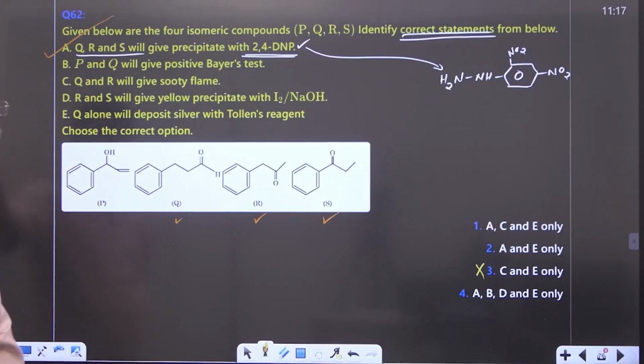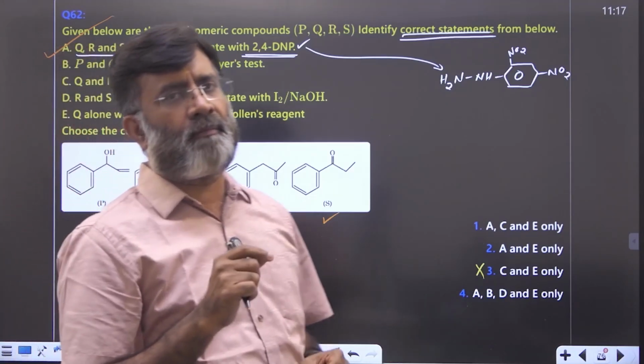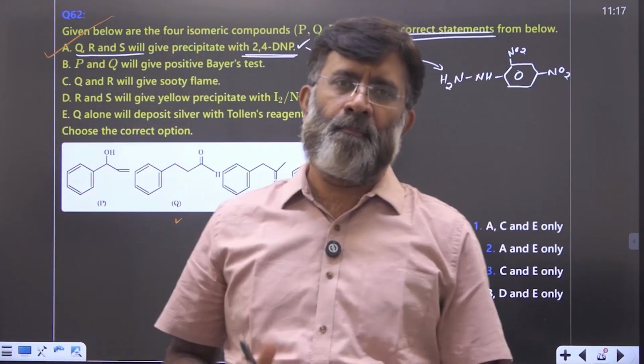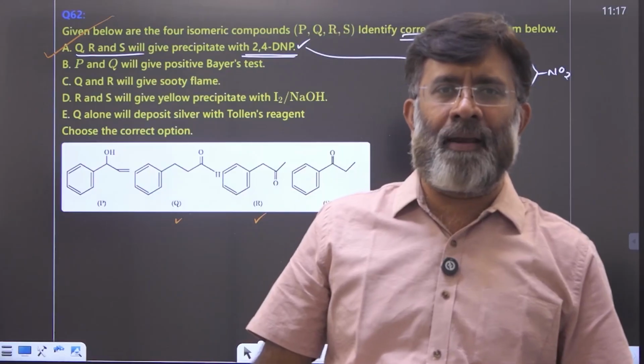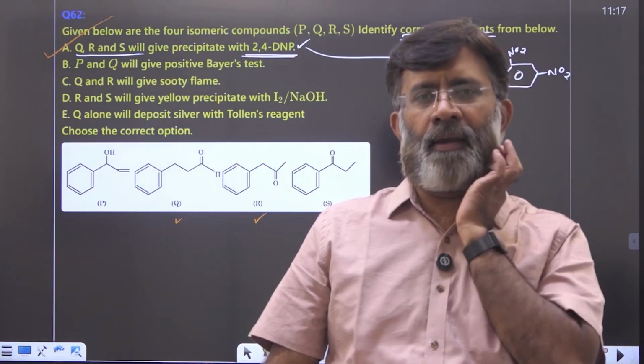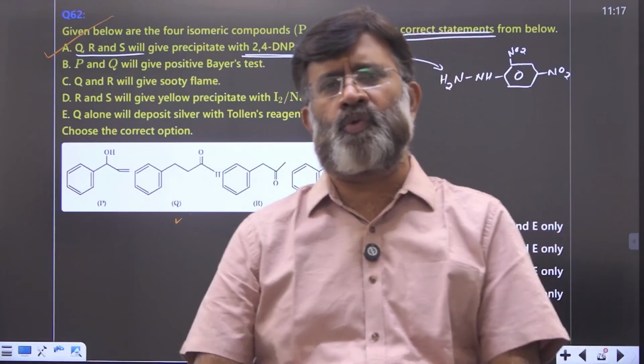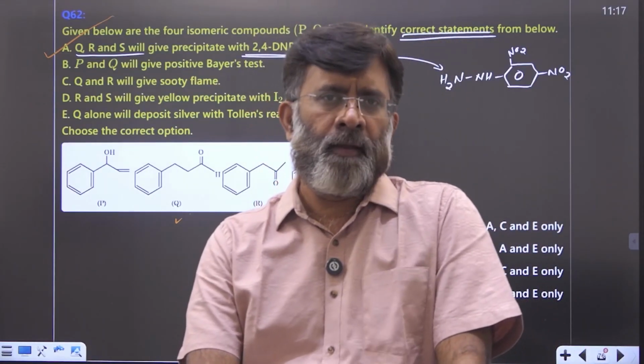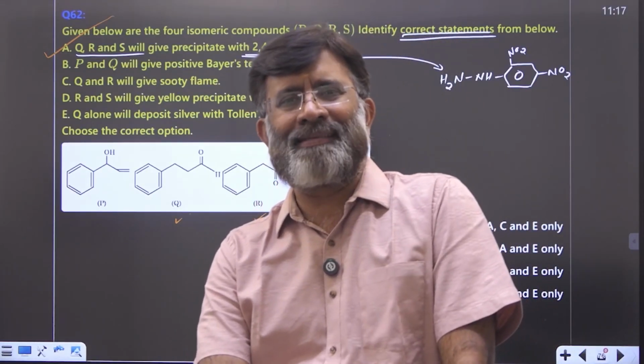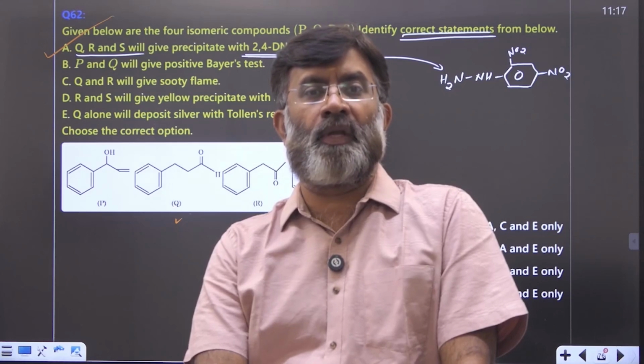What about B? P and Q will give positive Baeyer's test. Baeyer's test is given by alkenes. Hope you remember, alkenes when treated with cold dilute alkaline or aqueous solution of KMnO4, the pink or purple color gets decolorized by a hydroxylation reaction.